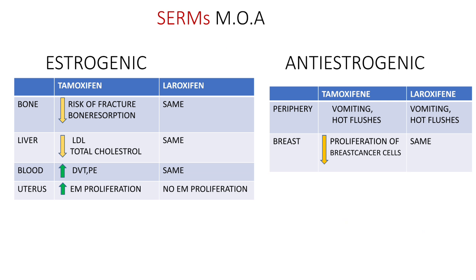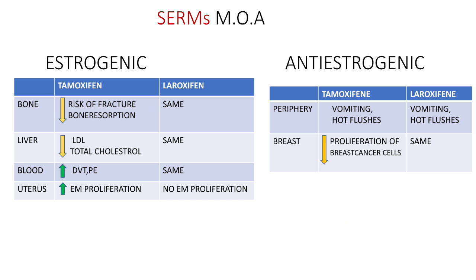Estrogenic actions of tamoxifen and raloxifene: both of them have the same action on bone, that is they reduce the risk of fractures and bone resorption, and also on liver they have the same action, that is they reduce the levels of LDL and total cholesterol in blood. There is increased risk for deep vein thrombosis and pulmonary embolism with both the drugs.